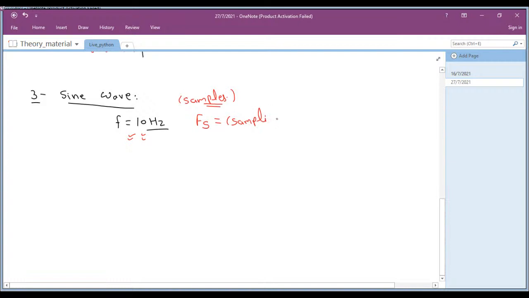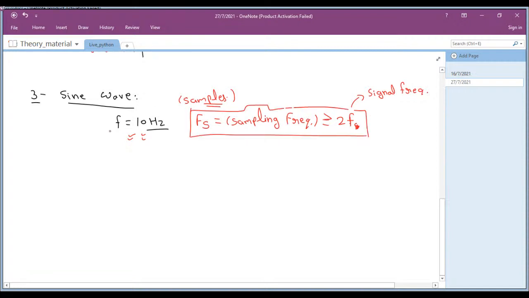It is known as the sampling frequency. And if you have gone through some of the basics of DSP, you know there is a sampling theorem which says the sampling frequency should be greater than or equal to twice the signal frequency. I can say this f is the signal frequency. So this is the minimum requirement as per the sampling theorem, right?